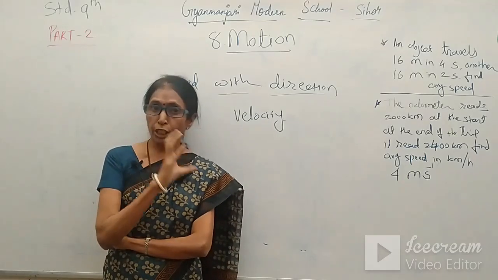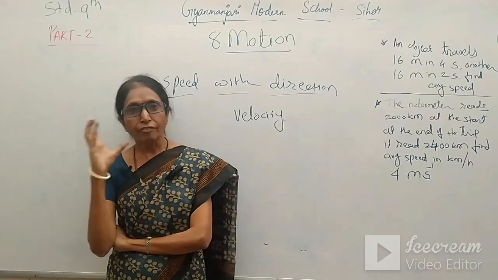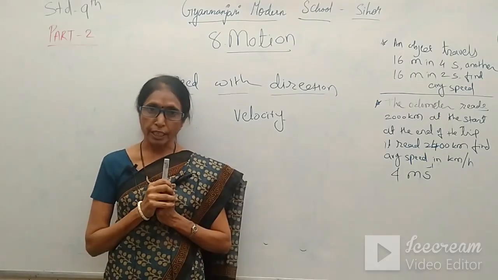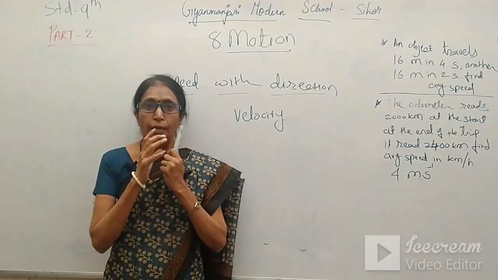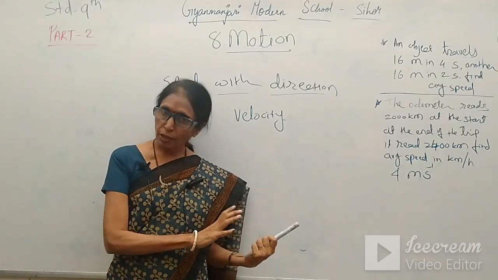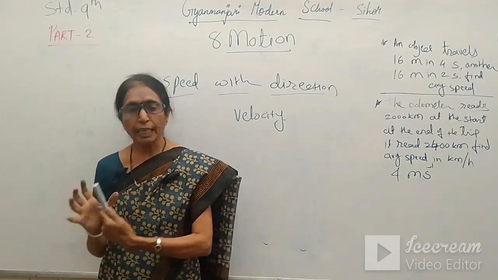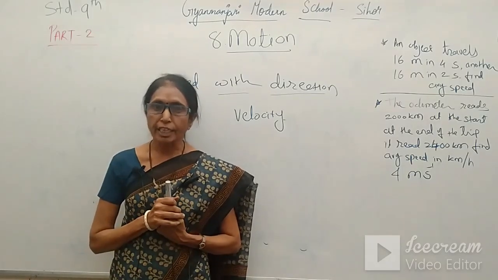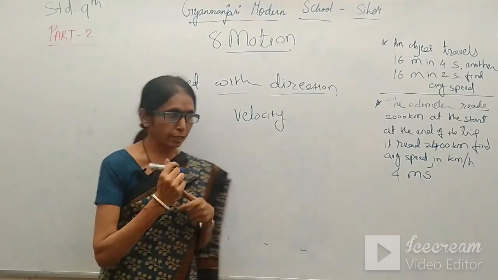So, initial velocity and final velocity. To find the average velocity, we have to add the initial velocity and final velocity, and if we divide by 2, we get the average velocity of the object.